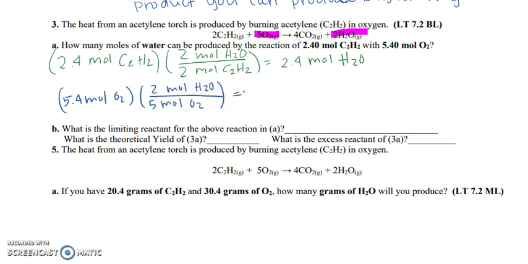And if I plug that into my calculator and I take 5.4 times 2 divided by 5, I get an answer of 2.16 moles of H2O.